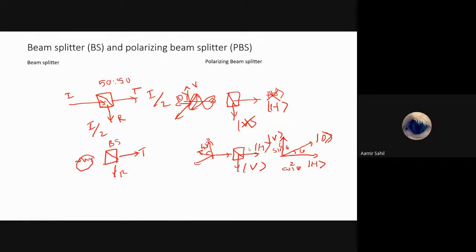Can I ask a question, please? Yes, sure. If I understand it correctly, the analogy between intensity is the number of photons. So how do you define polarization of a single photon? I see. The number of photons is proportional to intensity.